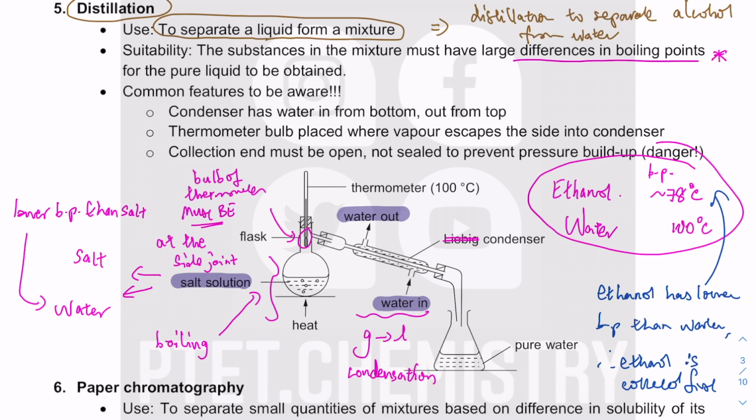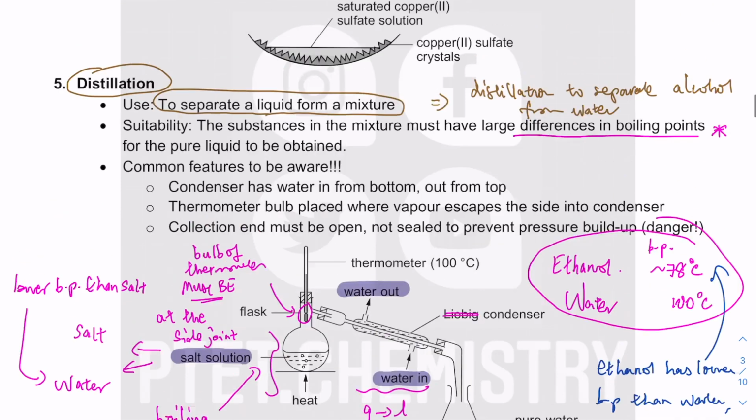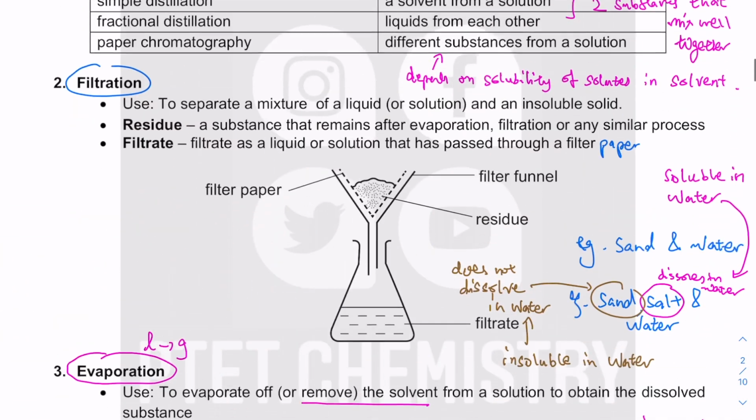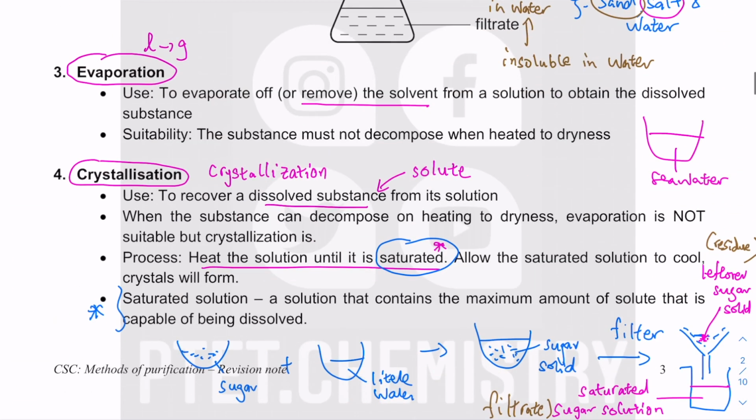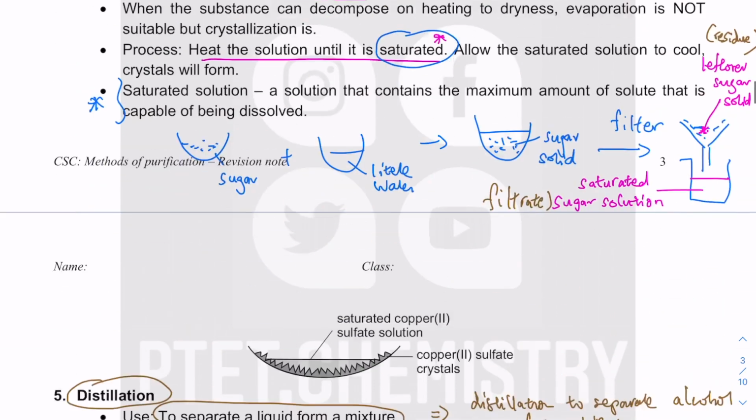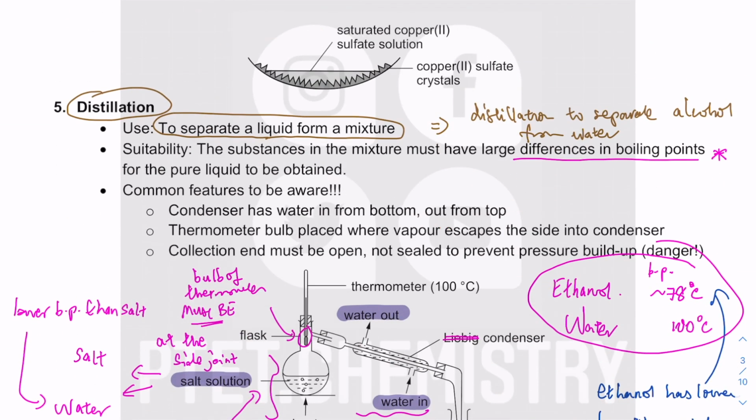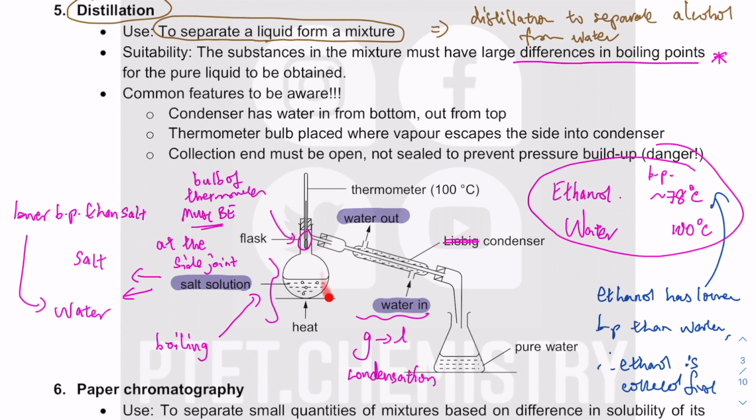So in this follow-up tutorial video to the other methods of purification or separation techniques, on top of what I've covered in the previous lectorials, which was going through filtration, evaporation, crystallization, as well as distillation in detail, including the experimental setup.